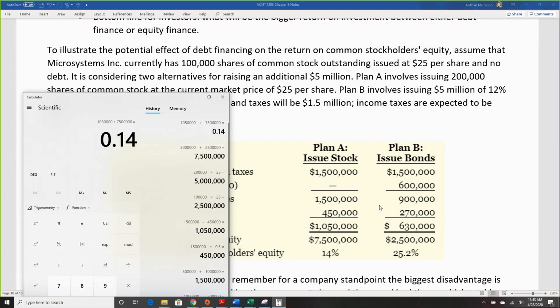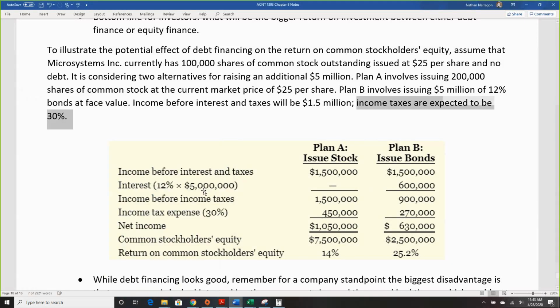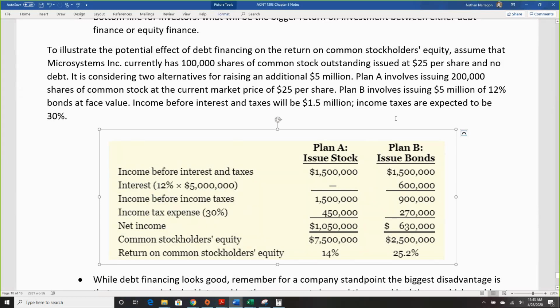Plan B, with the bonds. Bonds run the same course, except we do pay interest. We pay interest on a bond. Highlighting that, we have about 600K that we will pay for the bond, about 5 million times 12%.